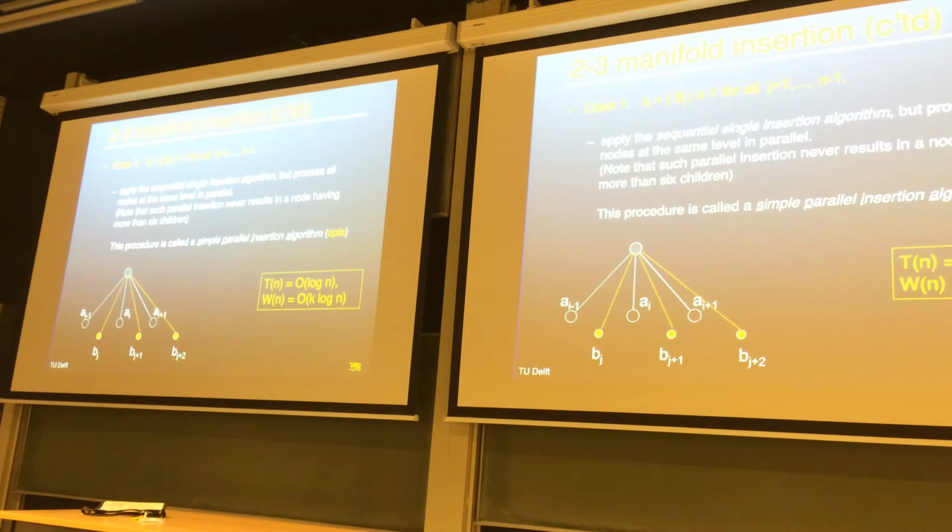Okay, and then we can go on. If you do that in this case, we say that there is a simple parallel insertion algorithm. That's a small modification of the sequential case where we can afford inserting all the elements.